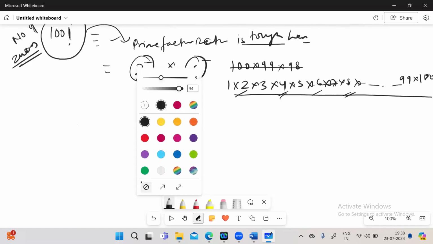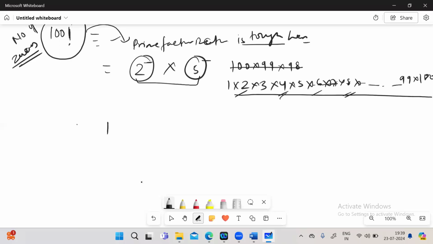So I know that every fifth number will have one 5. Since 100 is divisible by 5, fine, but even if it was not divisible by 5, we should have taken the integer value only. Like the same question may be asked as 102 factorial, where the only thing added is 101 into 102.